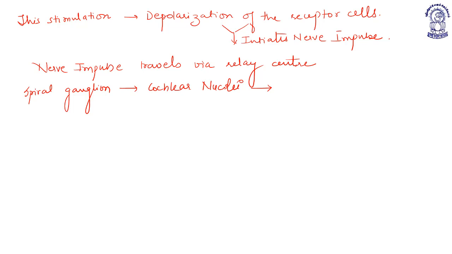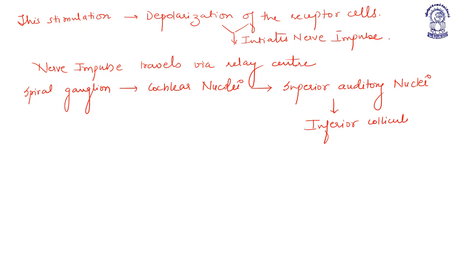From cochlear nuclei, superior auditory nuclei. From here, the impulse goes to inferior colliculi. Then auditory cortex of cerebrum.